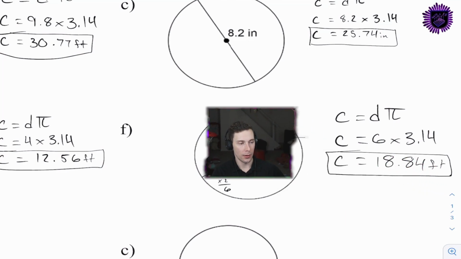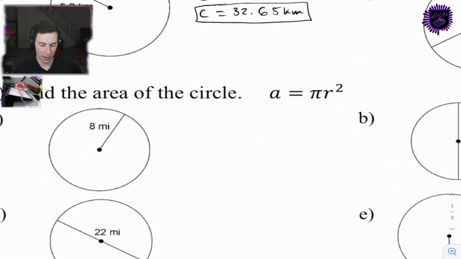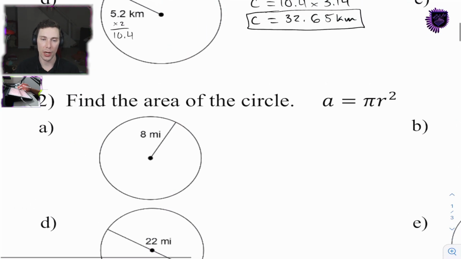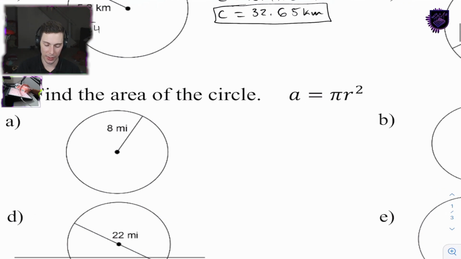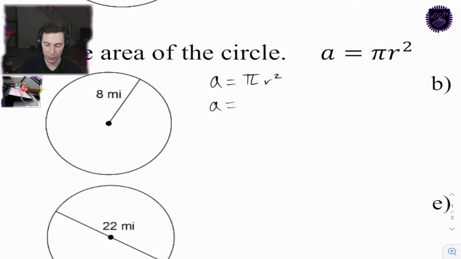And we are moving on to our next section, which is find the area of the circle. Remember that the formula for area is pi times radius squared. The first one gives you the radius, 8. So area is equal to pi r squared, which is 3.14 times 8 squared.